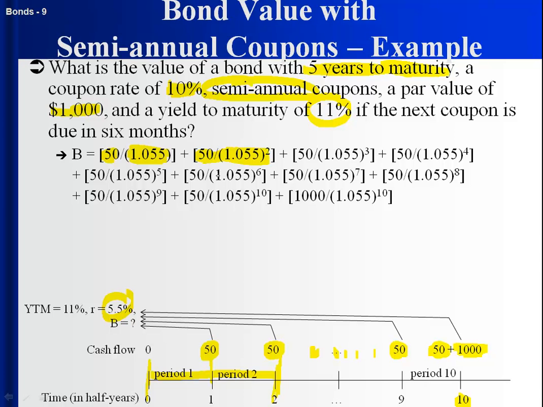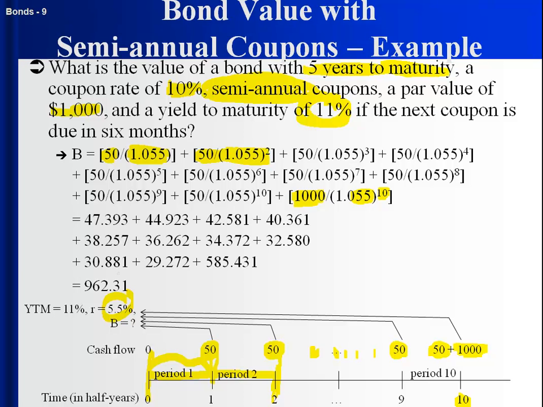So notice, even though the yield to maturity is 11, the value of that second coupon is not 50 over 1.11, but because we're dealing with a world where our timeline is semiannual, it's 1 plus the 6-month rate squared, 1.055 squared. And it's like that for all 5 years, including 1,000 in 5 years, which is really 1,000 in 10 half years, discounted by 5.5 per half year. And the value of this bond, $962.31.